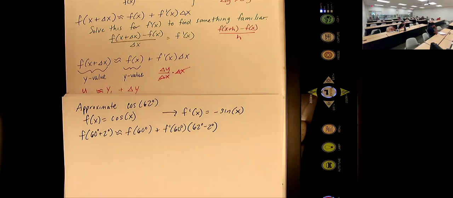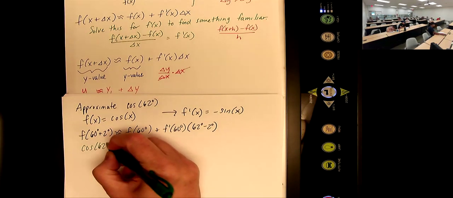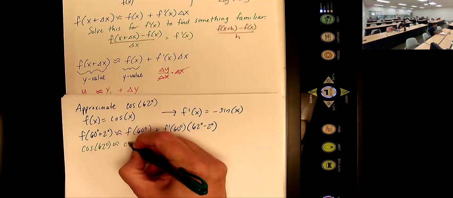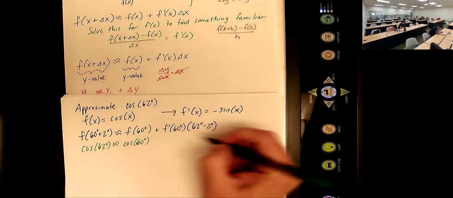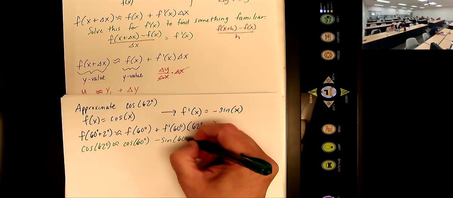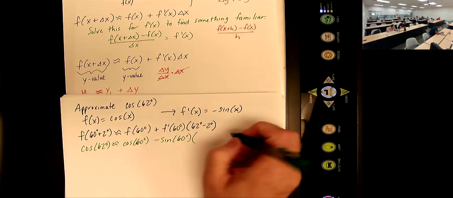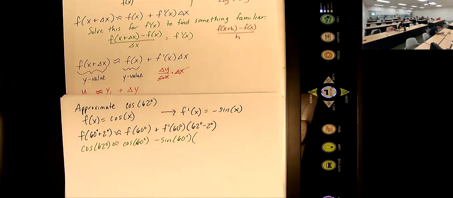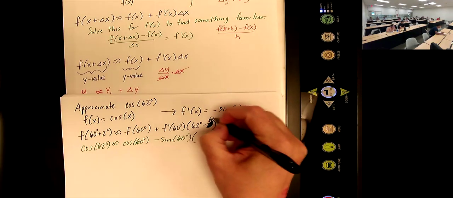What does this translate to? Cosine of 62 degrees is approximately cosine of 60 degrees plus f prime, or minus sine of 60 degrees, times, wait, I wrote the wrong value there. 62 minus 60 degrees.